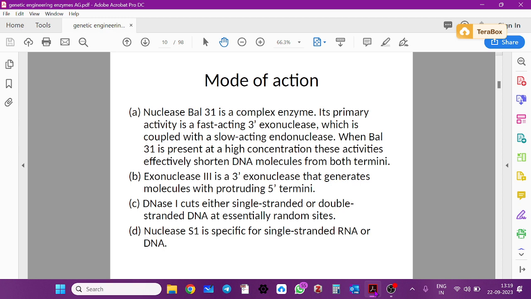Then you have nuclease S1. What does nuclease S1 do?